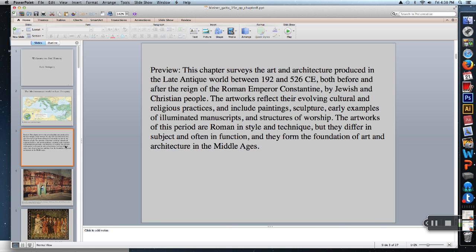The artworks reflect their evolving cultural and religious practices and include painting, sculpture, and early examples of illuminated manuscripts and structures of worship. The artworks in this period are Roman in style and technique, but they differ in subject and often in function. They form the foundation of art and architecture in the Middle Ages.